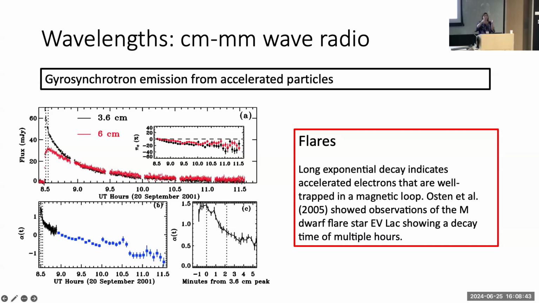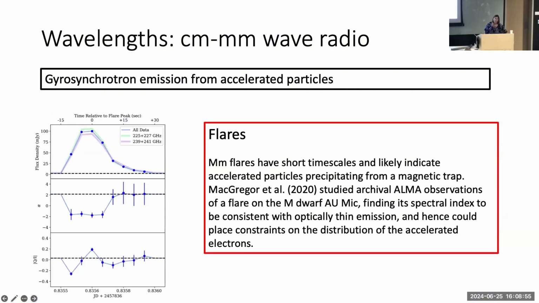They're confined in the loop, they're bouncing around. Some of them will precipitate and then you will not see them anymore, but most of these are well trapped electrons.